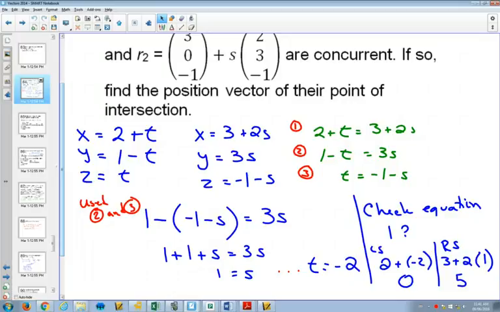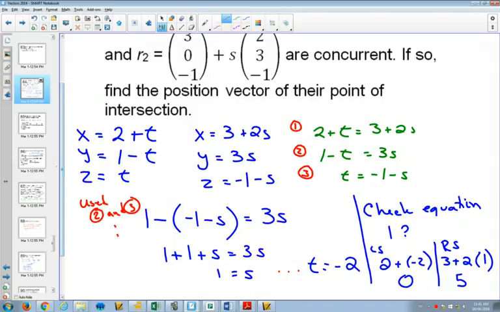So I substituted t is equal to -1 minus s into equation 2. And from there I was able to solve that s has to equal 1. And when s is equal to 1, if I plug that back into equation 3, I get t is equal to -2.